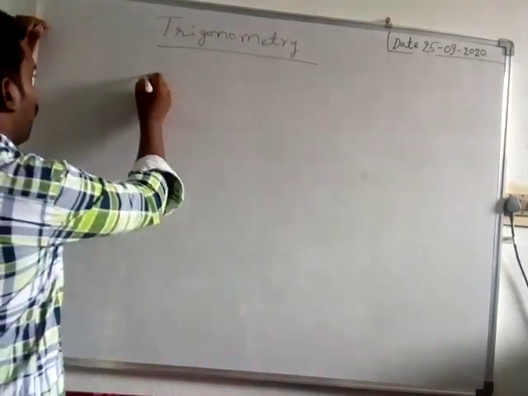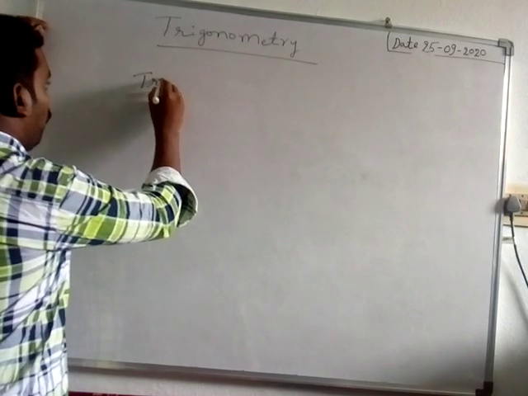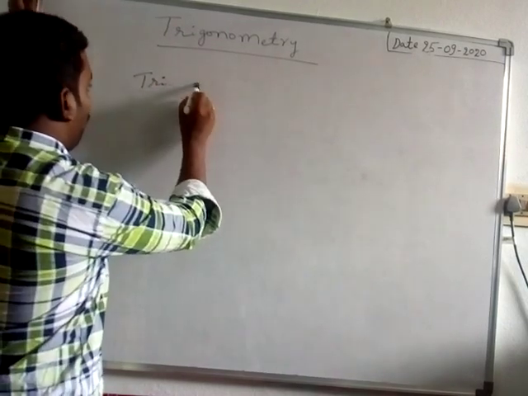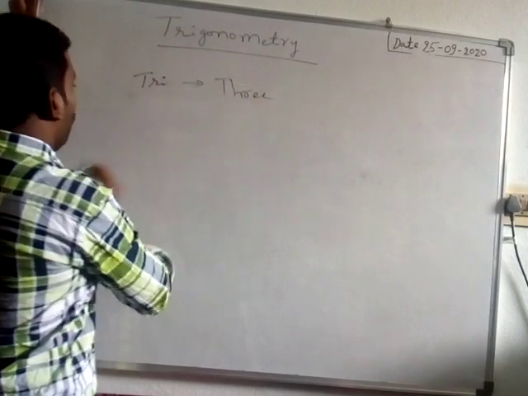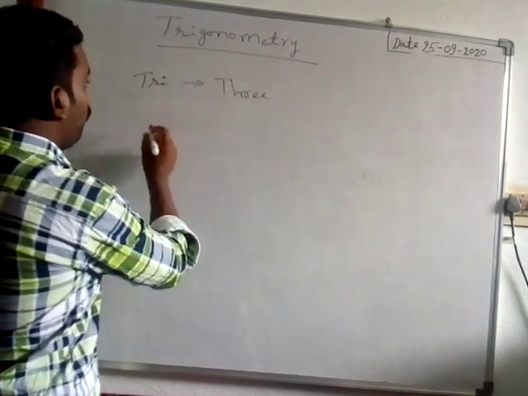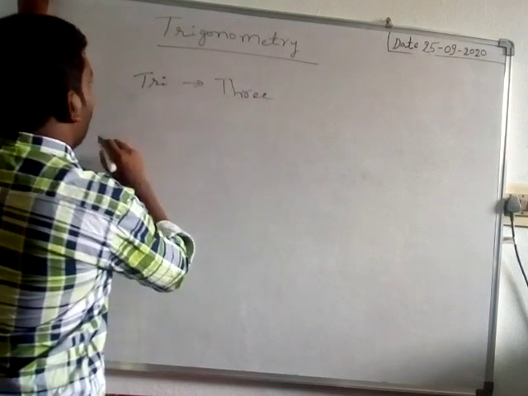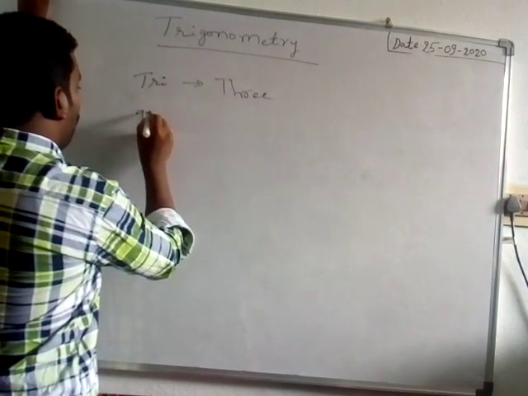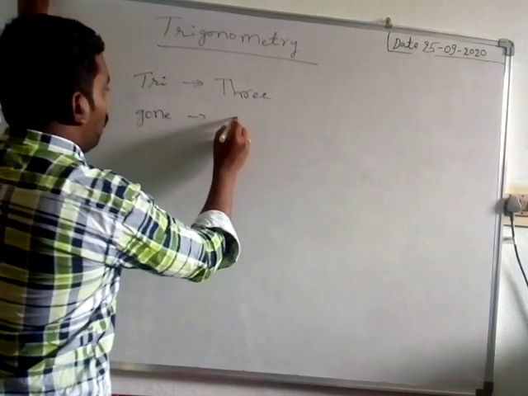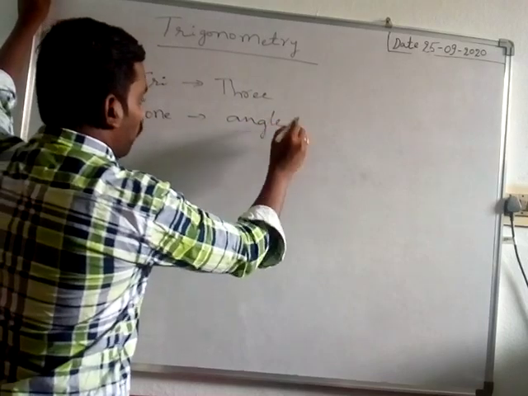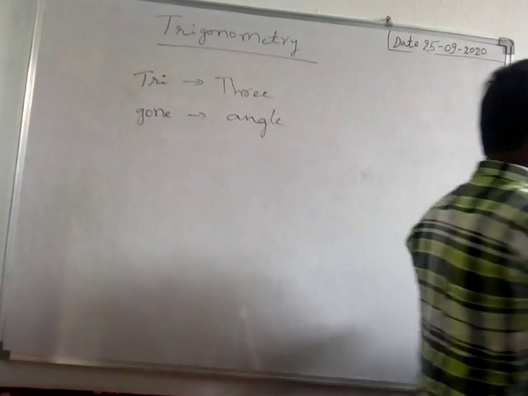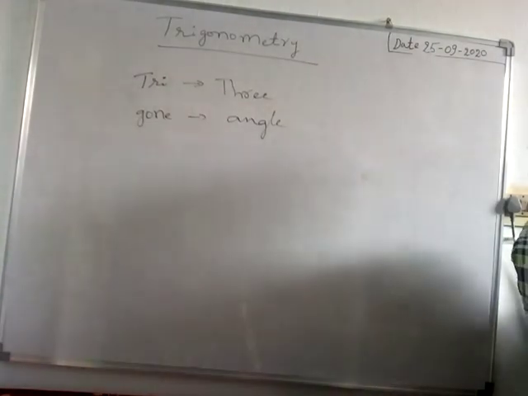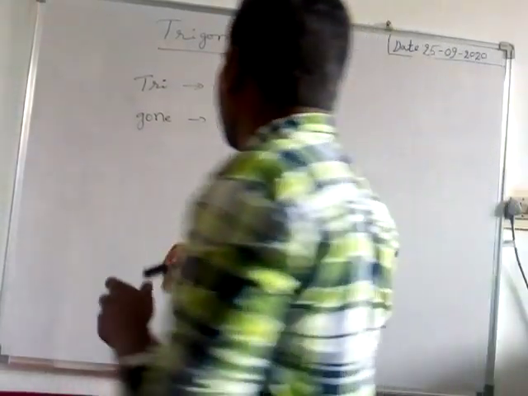Here, from the word trigonometry, "try" means three, as you know already. Next, what is "gone"? Gone means angle, taking the meaning from other languages.